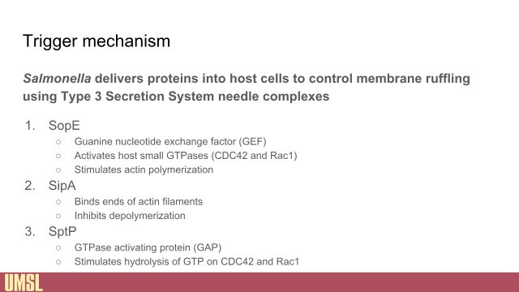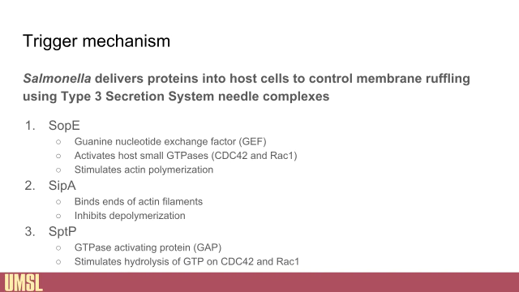And so what these do is, through interaction with various host signaling factors, what I want you to be able to think about is that you want to stimulate actin polymerization, and you also want to inhibit it, right?